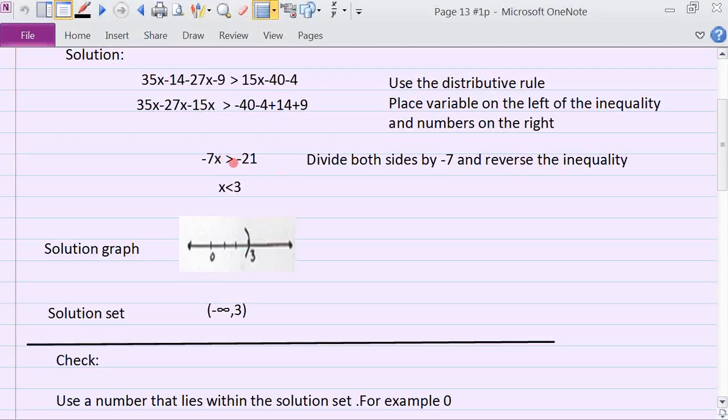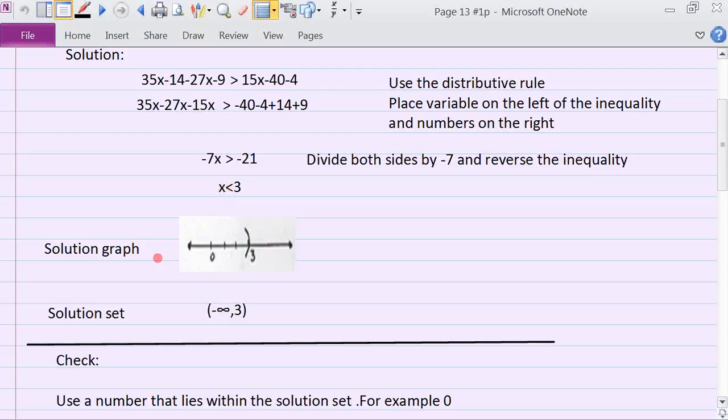So the greater than sign here becomes less than over here. Minus 7x divided by minus 7 gives us x. Minus 21 divided by minus 7 gives us plus 3. So the solution to this inequality is x less than 3.